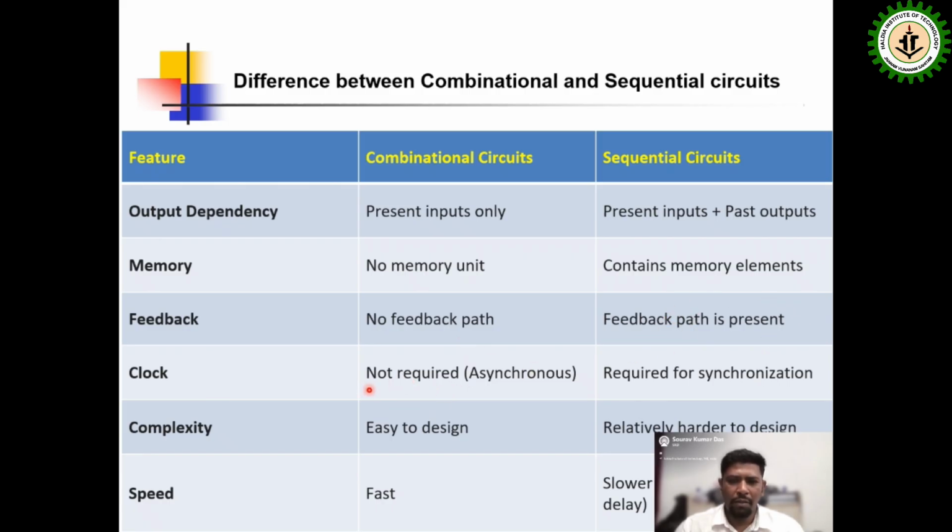The combinational circuit does not require synchronization, while the sequential circuit does. The combinational circuit is easy to design, while the sequential circuit is relatively harder to design. The combinational circuit is always fast, and the sequential circuit is slower due to propagation delay.